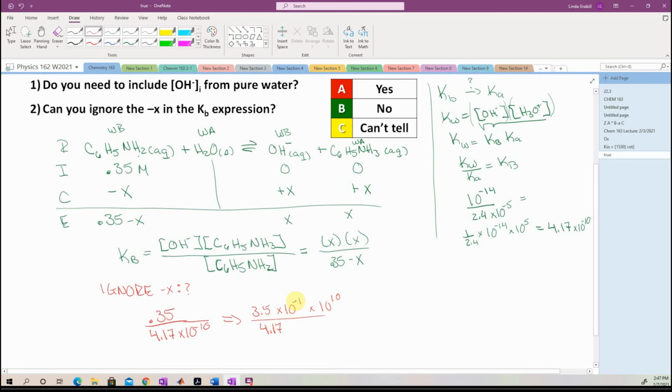Let's see, so my approximation is that this can be written as 10 to the 9. And 3.5 divided by 4 is 0.9-ish times 10 to the 9th. So I'm going to end up with like 9 times 10 to the 8th, ish. I'm rounding in my head, doing an approximation.